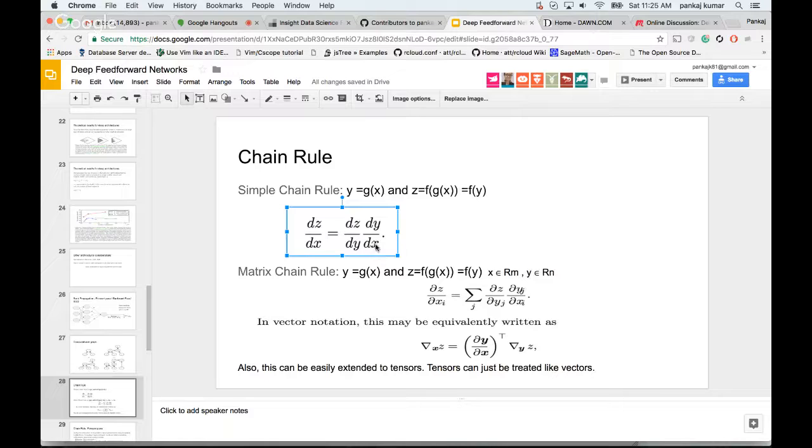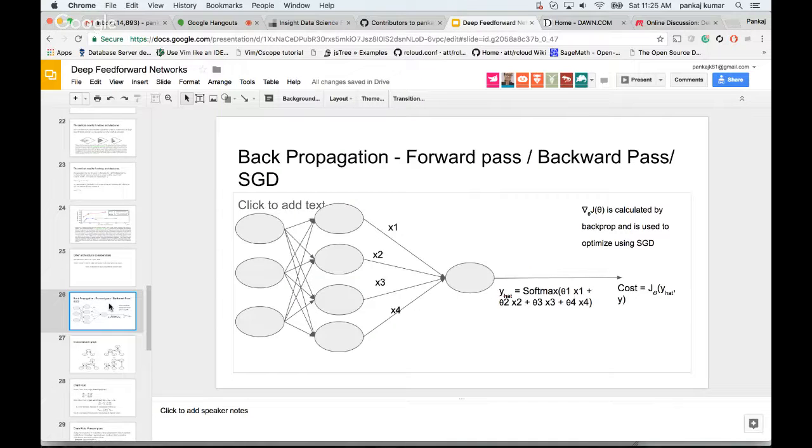This is the chain rule, and it is what gets used when we propagate. When we calculate the derivative of the cost function with respect to theta 1, theta 2, theta 3, the chain rule comes in very handy to compute the gradients with respect to other parameters in the network. We'll come to that soon.